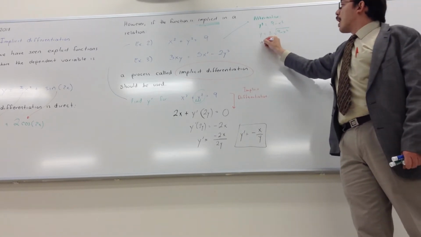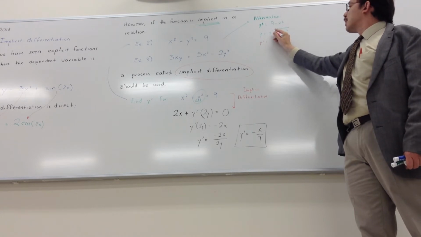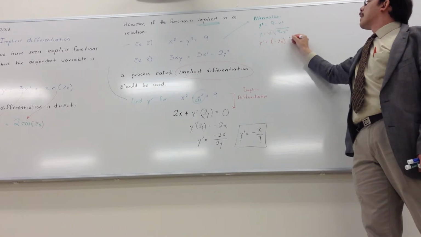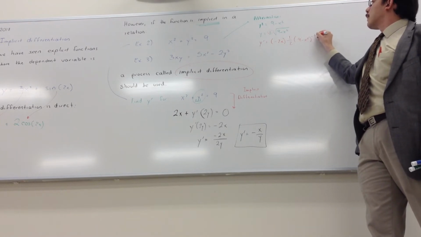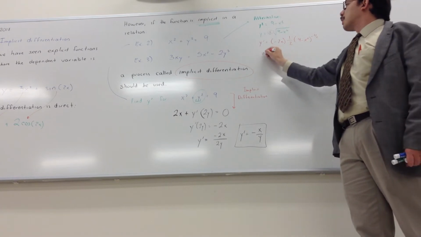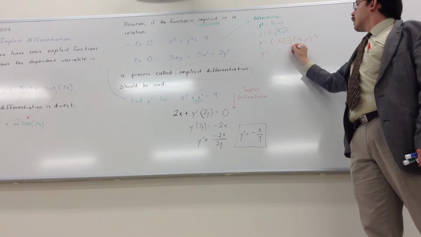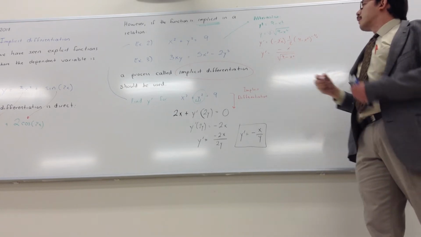Y prime will be equal to, well, the plus minus, I'm just going to use the plus sign for right now, minus 2x times 1/2, 9 minus x squared to the minus 1/2, which becomes minus x over square root of 9 minus x squared, right?